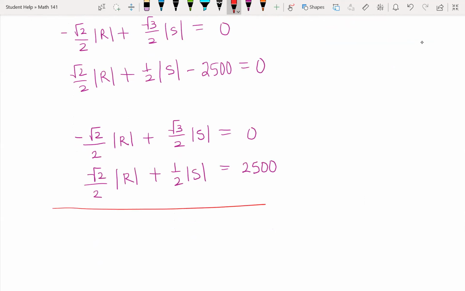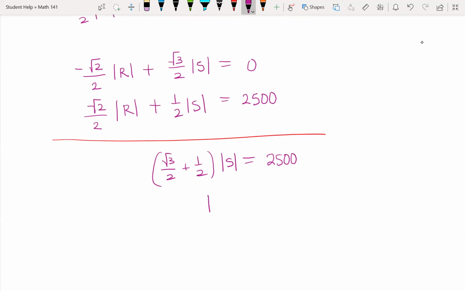So now I'm going to add these two together. In that first column, I've got negative square root 2 and positive square root 2. Those are going to cancel each other. And so then I get square root 3 over 2 plus 1/2 times the length of S is equal to 2,500.